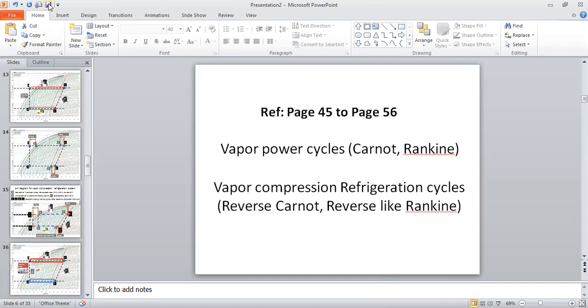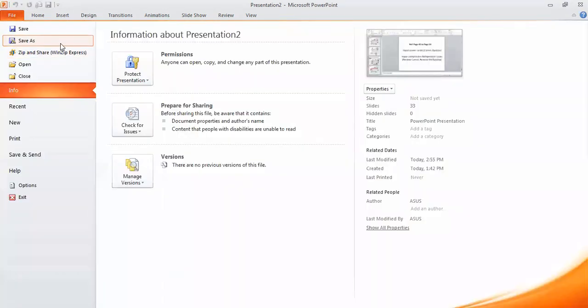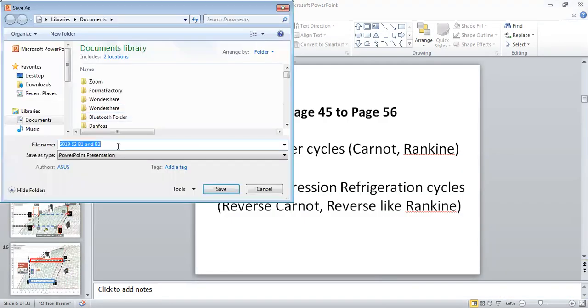So I will email this now. S2019 is B1 and B2, 6 March, thermodynamics.